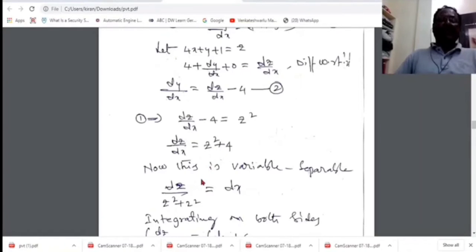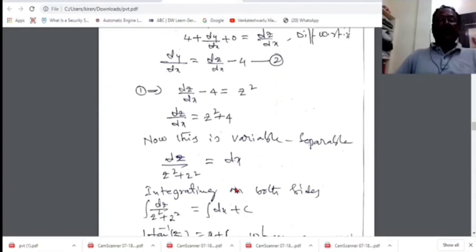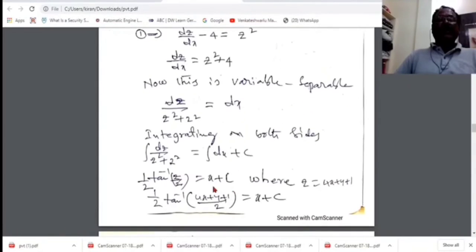Now dz by (z square plus 2 square) is equal to dx. Now integrating on both sides, integration of dz by (z square plus 2 square) is equal to integration of dx plus c.